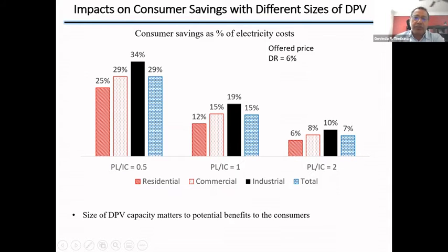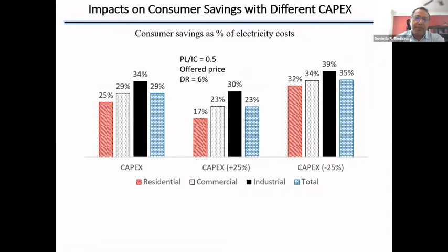Again, we did some sensitivity analysis. For example, what happens if the capex is increased? Obviously, the economics goes down, so the benefit goes down from 25% to 17%, 29% to 23%, and so on. And if the capex decreases, the benefit also increases, from 25% to 32%, and so on.